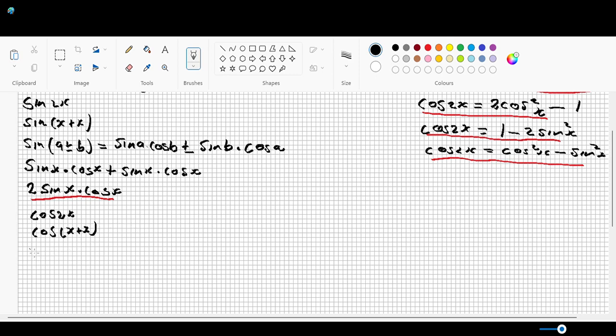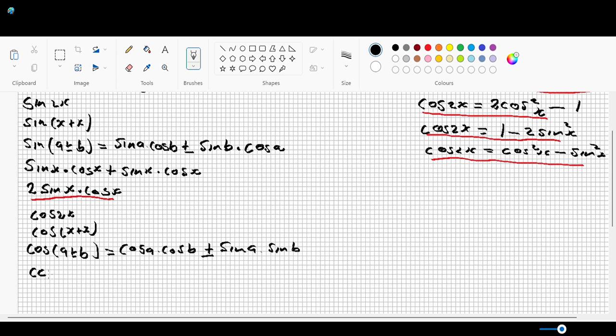Again, using the compound angle formula, we know that cos of A plus or minus B is cos A multiplied by cos B, then plus or minus, by the way, sine A and sine B. This is the general formula for cos. But now if we decide to use this one, we're going to do it this way.